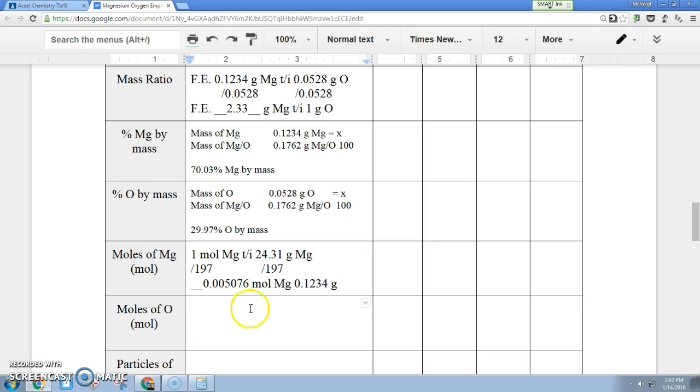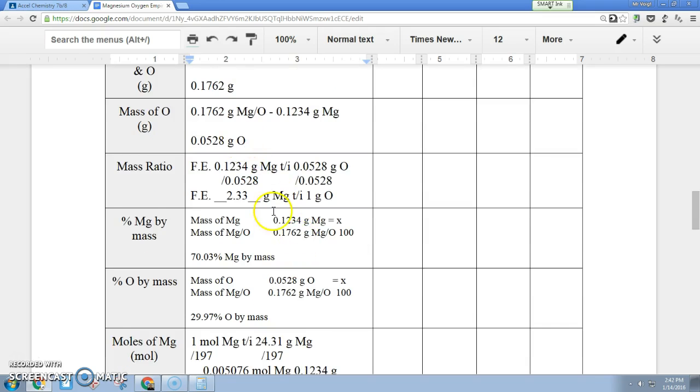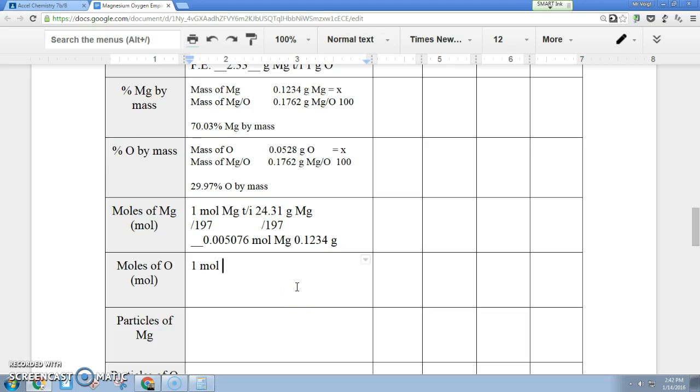Moles of oxygen. Same thing, I'm going to take my mass of oxygen. For every 1 mole of O, there is 16.00 grams from the periodic table. I'm solving for moles. I have 0.0528 grams of oxygen.